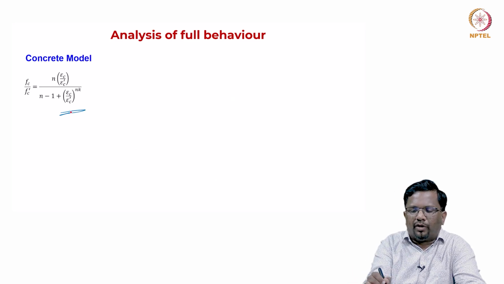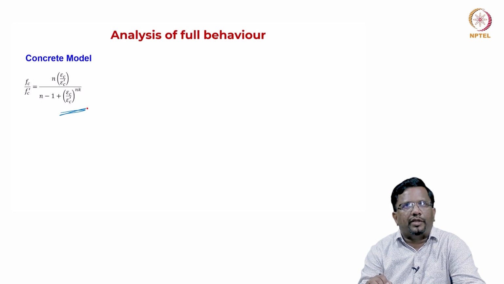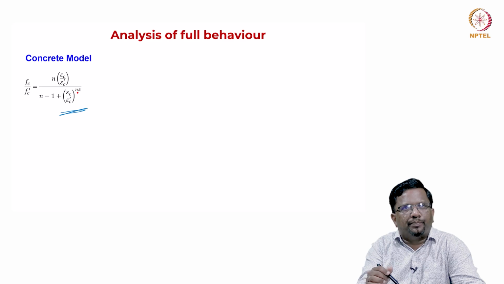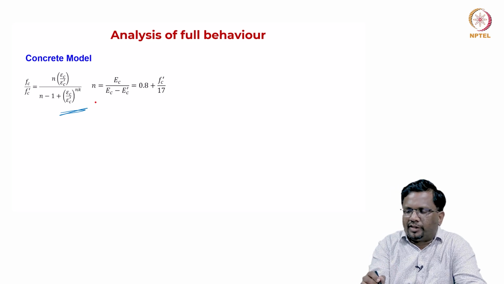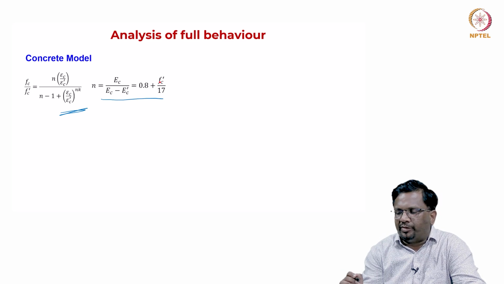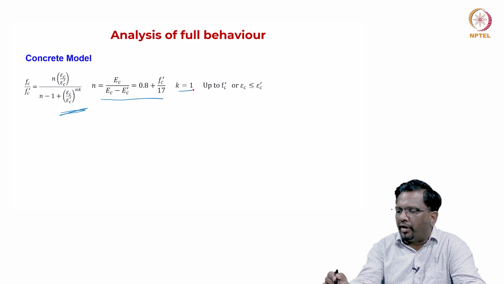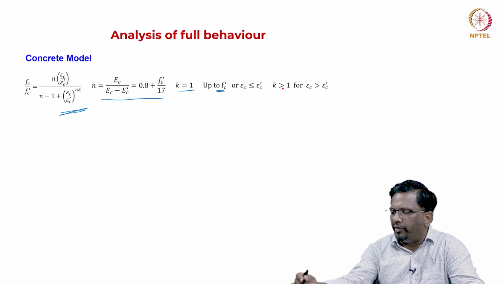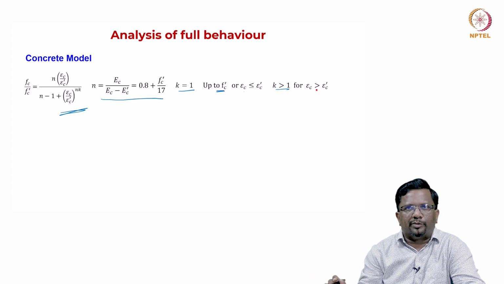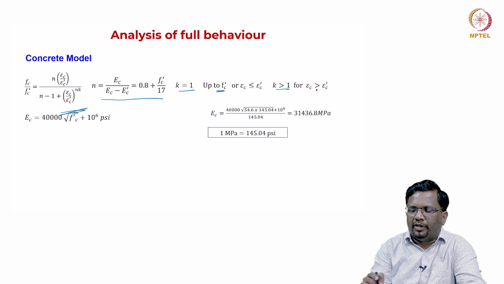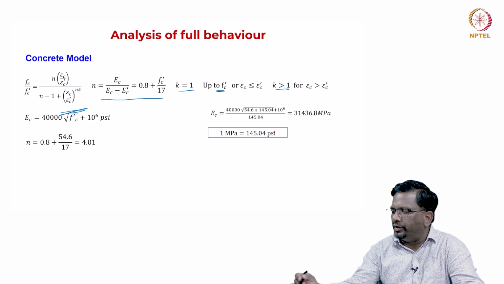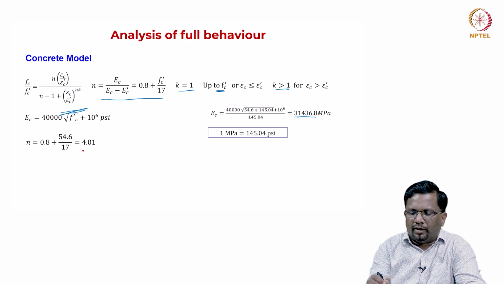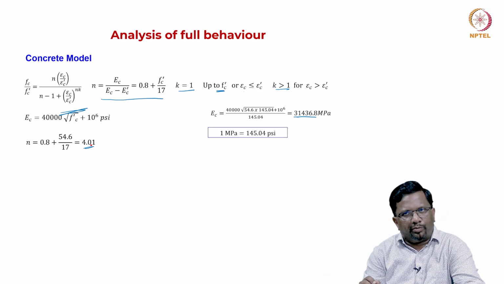Now, this is your concrete model, Thorenfeld's model for high strength concrete, and for any given strain, this is the relationship. I need to find out what is N and K, and similarly epsilon prime C also. N is given by this equation, F prime C is given to you, and K is 1 when epsilon C is less than epsilon prime C, and K will be higher than 1 for any strain greater than epsilon prime C. So, when you substitute all these values, EC is working out to be 31,440 megapascal, and N, using this equation, I get a value of 4.01.